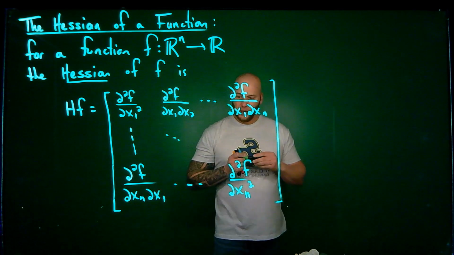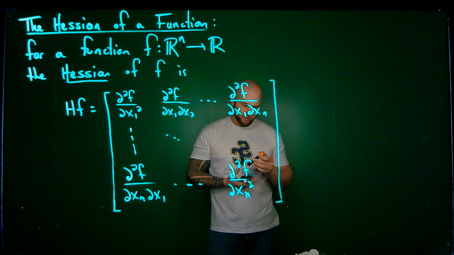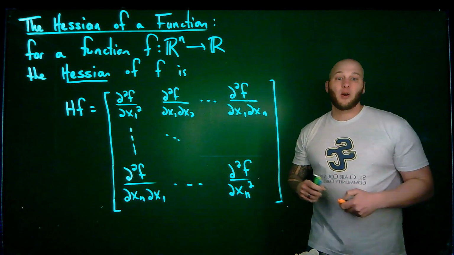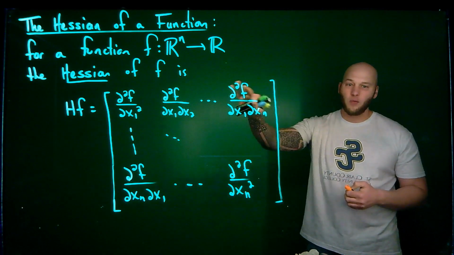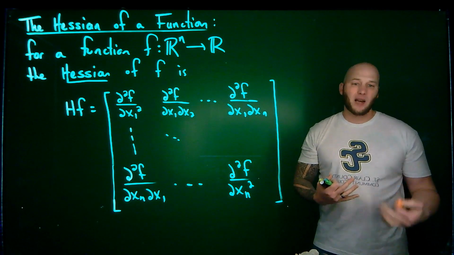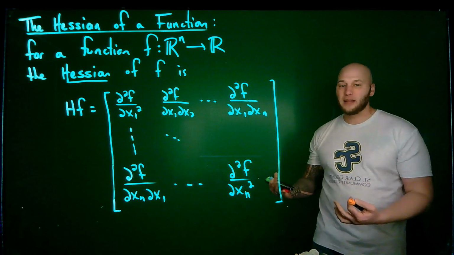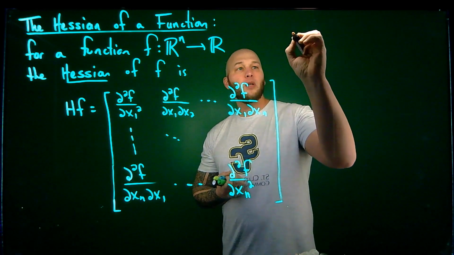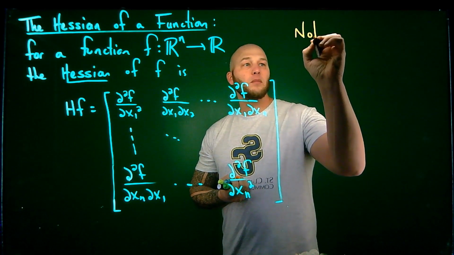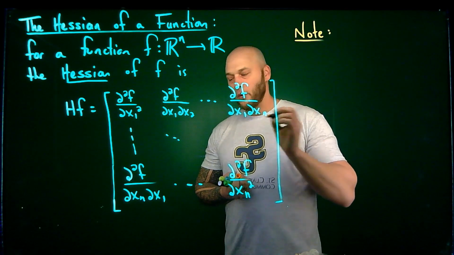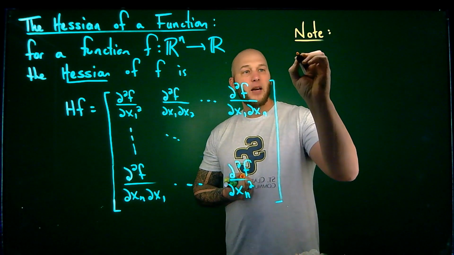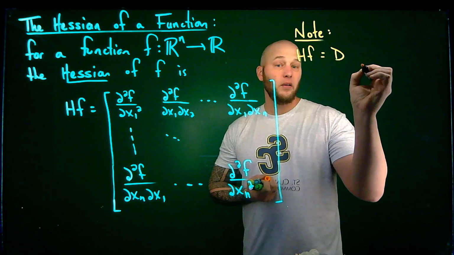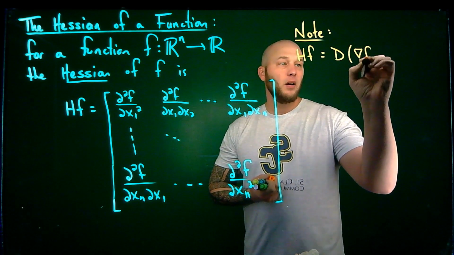Now I want to give a more tractable way to compute the second order partial derivatives and keep track of where things are, what the first row is, what the second row is, something more computationally friendly than memorizing the order of this. So first of all, note the idea that the Hessian of a function is the total derivative of the gradient of f.